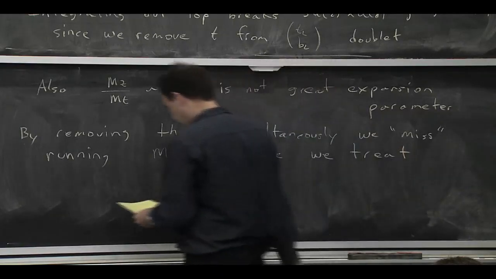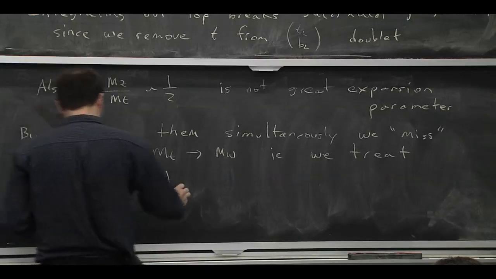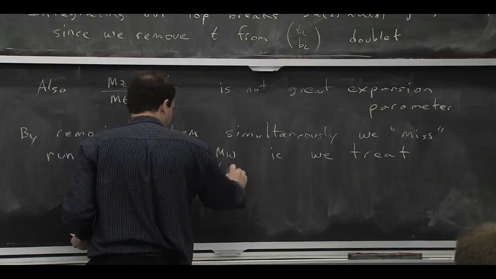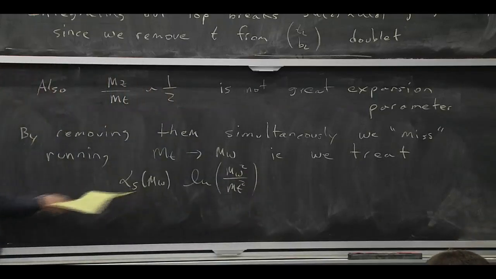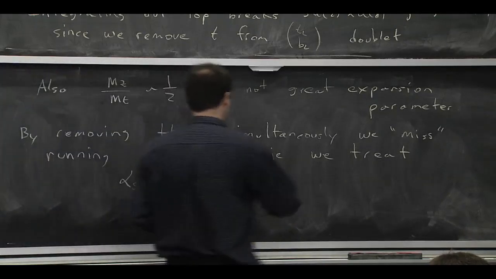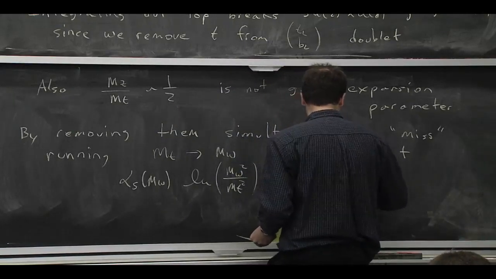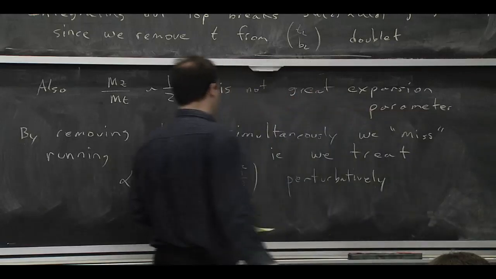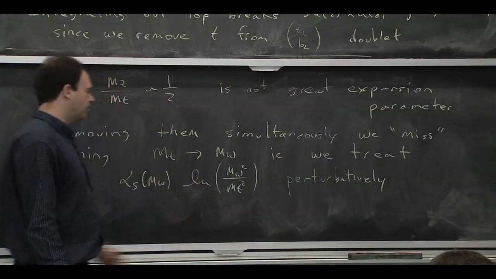What it boils down to is that you're treating alpha_s of mW, and if we want to be generous, we can say it's mW squared over m top squared, so they're logs of 4, perturbatively. If you remove both the top and the W at the same time, then this is going to show up in your matching conditions, and you're not thinking of that as something that's large.